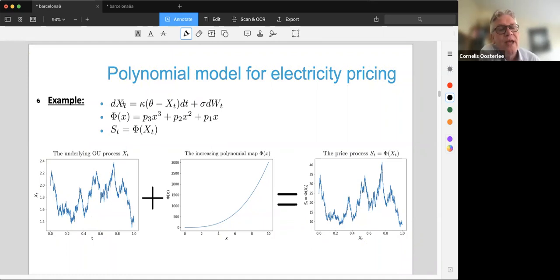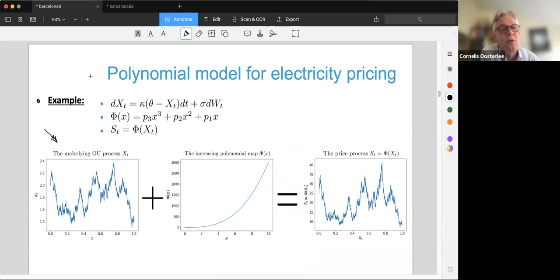So how do we simply write this down in a sketch? Suppose we have the Ornstein-Uhlenbeck process, dx_t is kappa (theta minus x_t) dt plus sigma dW_t, and that is the underlying process. You may see it here. It has a certain volatility, which is visualized by the wiggliness, and it has a certain mean reversion, and you see something like a mean reversion appearing in this picture.